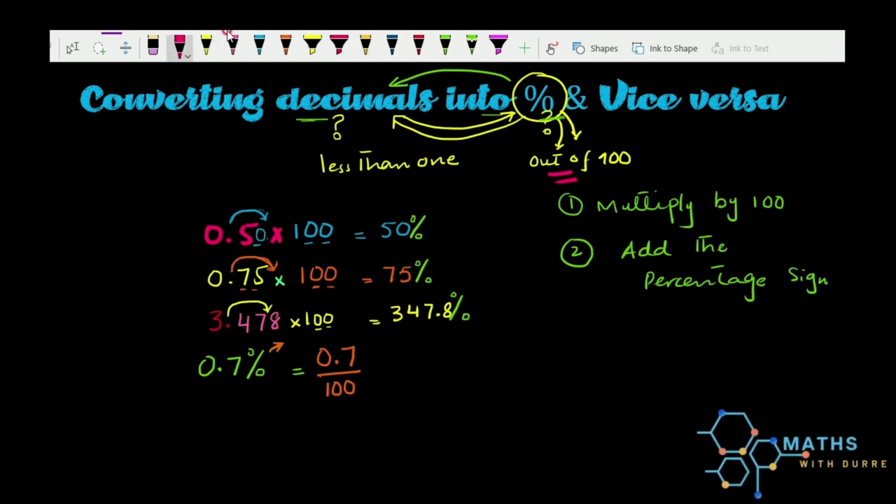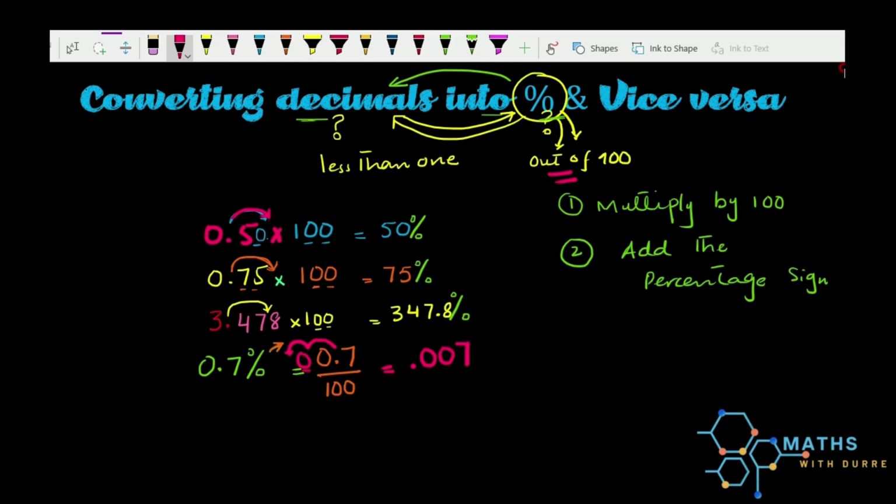At this stage, we need to apply the conversion rule again, as we applied here. We have to move this decimal point as per the number of zeros, 2 digits left. There is no digit here, so we need to place 0 here. So the answer will be 0.007.